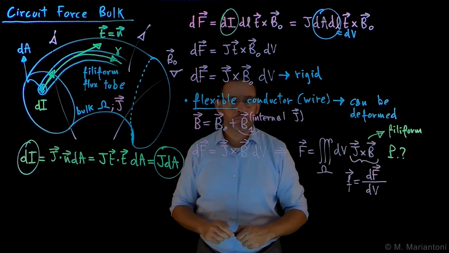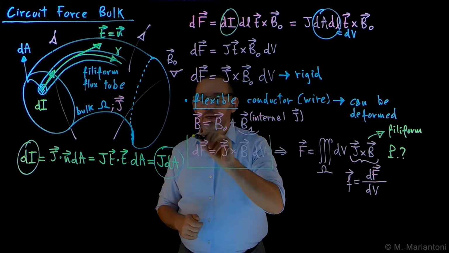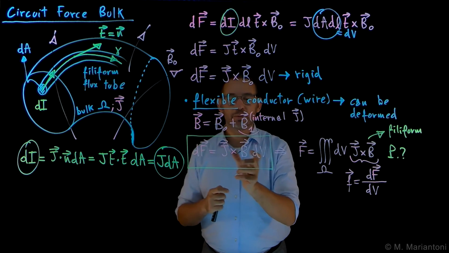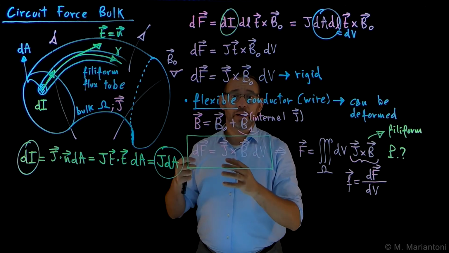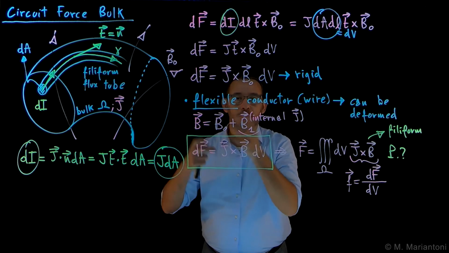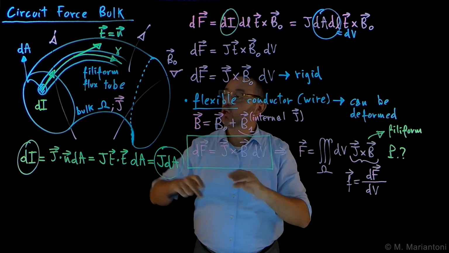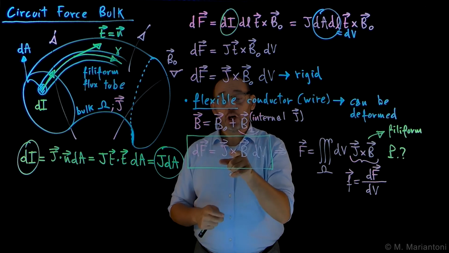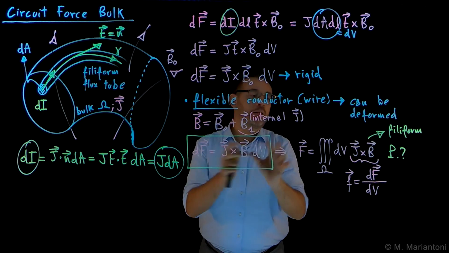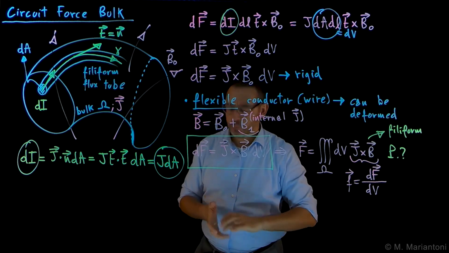And this is the fundamental equation, the most general equation you can have for the force on an infinitesimal element of volume dV of a flexible conductor which carries a steady current J. In this case let's consider steady, but we could eventually generalize it also to non-steady currents. J is crossed with B, which is the linear superposition of the external field and the internal field generated by J, times dV. I can integrate over the volume, and as a subcase, I can reobtain the results of the previous video.